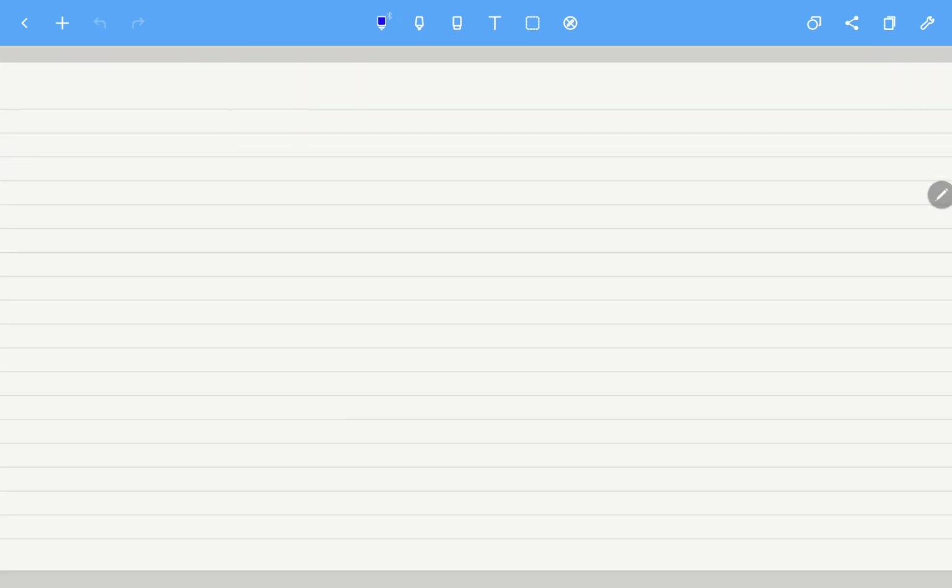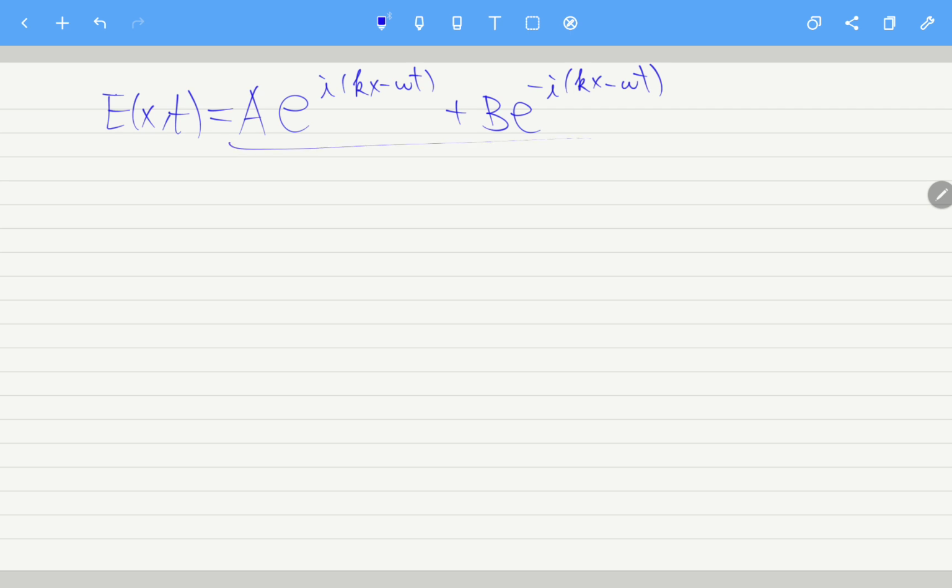originally it is E of x, t equals A exponential to i(kx minus omega t), plus B exponential to negative i(kx minus omega t). We just ignore the last two terms because we already assume it propagates in the positive x direction.